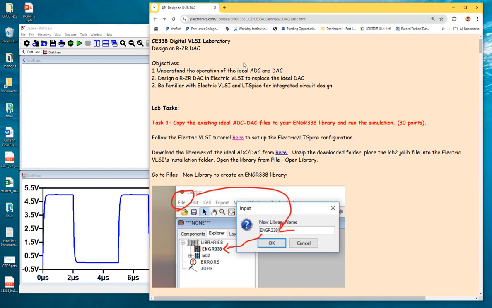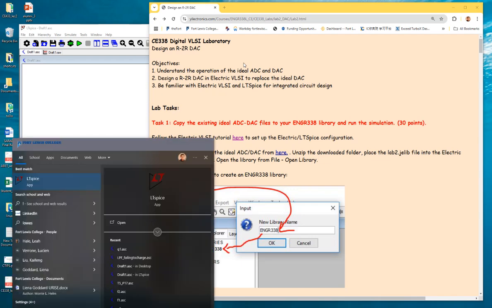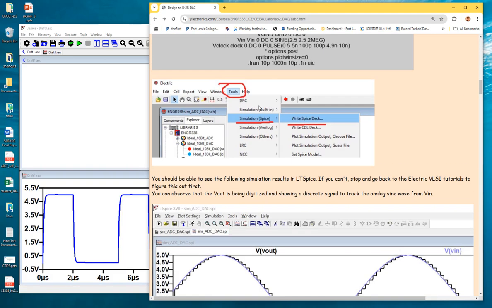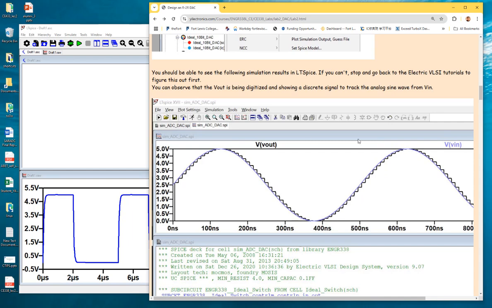So you are not opening up LT-SPICE like what I did over here. No. You click the simulation button in Electric VLSI, which is over here: Tools, Simulation (SPICE), Write SPICE Deck, and it should bring up this window. It opens up LT-SPICE through a different mechanism.